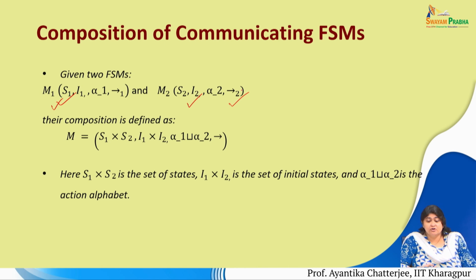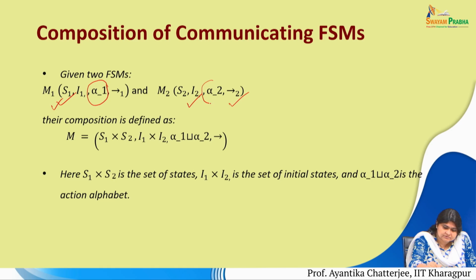When we are talking about communicating FSM, we are adding one extra parameter, alpha 1 or alpha 2. These define the action set of that particular FSM. And if they are communicating, then we also consider alpha 1 union alpha 2, the action alphabet. Some of the actions are defined for M1, some for M2.